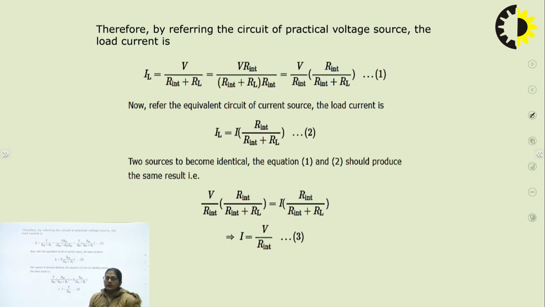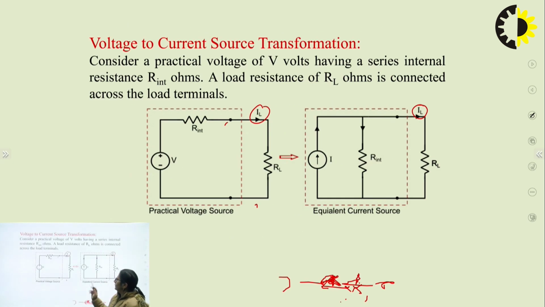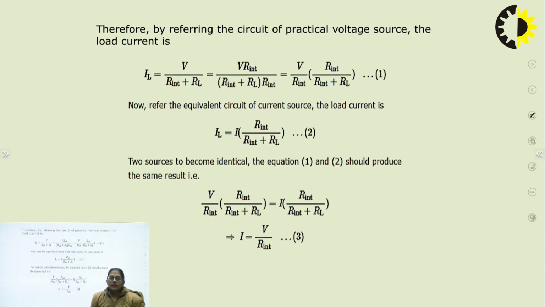Similarly, the vice versa may take place. But before that, what will be the value of this I when it is transformed, in terms of V and R internal? We can refer to the circuit for IL. IL is given by the total supplied voltage divided by the total resistance, that is the internal resistance plus the load resistance.